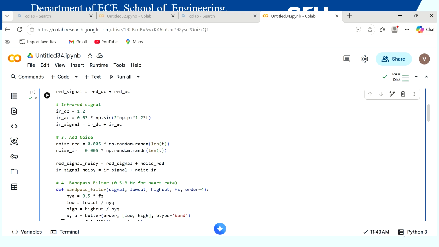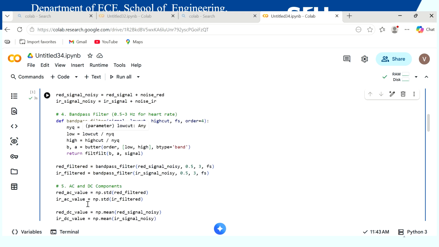In the same way, high = highcut / Nyquist. The higher cutoff frequency is equal to 3 Hz. Then the function generates the filter coefficients, B comma A: the numerator of the filter coefficients B, and the denominator A.